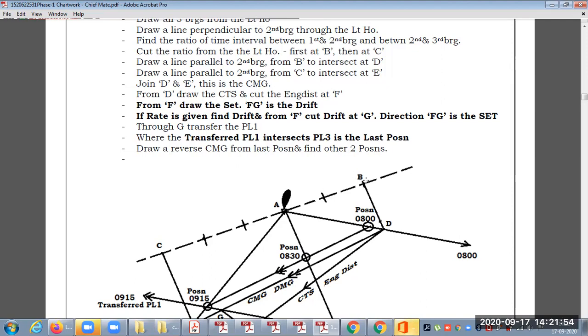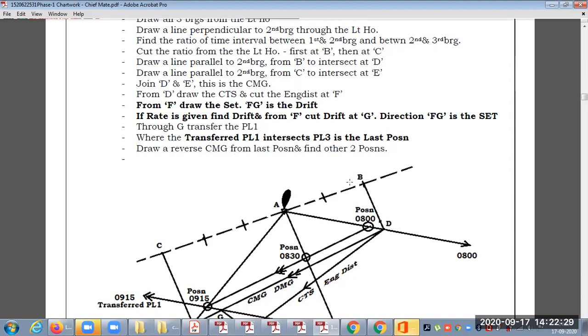So we cut 6 miles on this side because this side was 30 minutes, and we cut 9 miles on this side, that is 45 minutes, to this point C. So AB is the ratio of 30 minutes, that is 6 miles, and AC corresponds to the ratio of 45 minutes, that is 9 miles. So it's just a ratio. You can take any ratio or any scale, it's up to you. It should be in the same units.